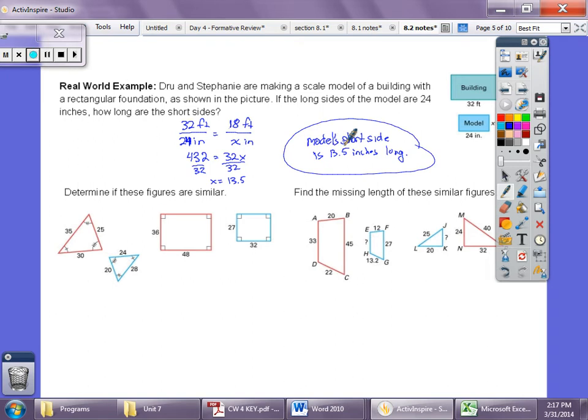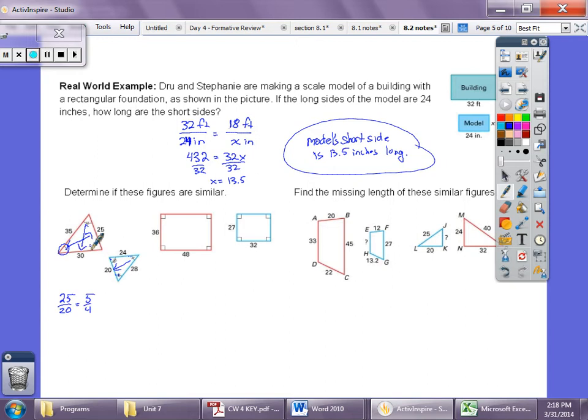Well, first thing we look at, are all the angles congruent? So now we want to check our sides. 25 is across from our smallest angle, and 20 is across from the smallest angle. So we have 25 over 20, which gives us 5 over 4. Then the second smallest angle is here.